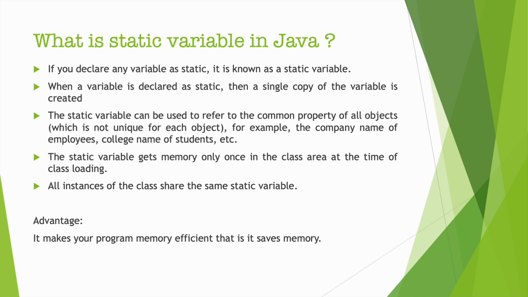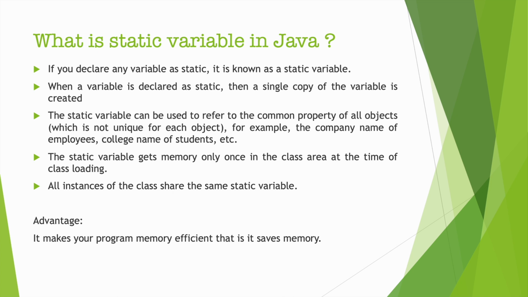The third point is static variable can be used to refer to a common property of all objects. For example, in a company or school, the company name is the same for all the employees, and the school name is the same for all the students. So static variable can be used in this example, for company name or college name.